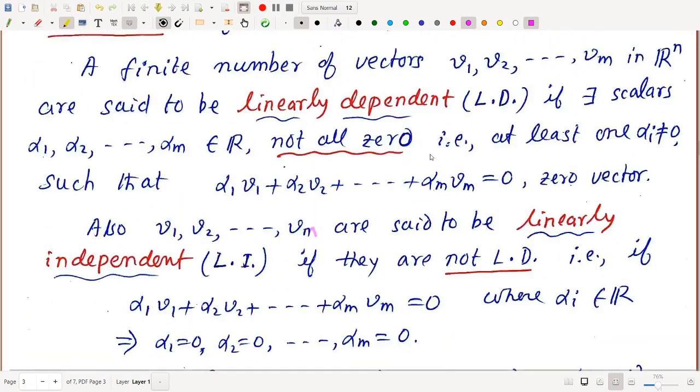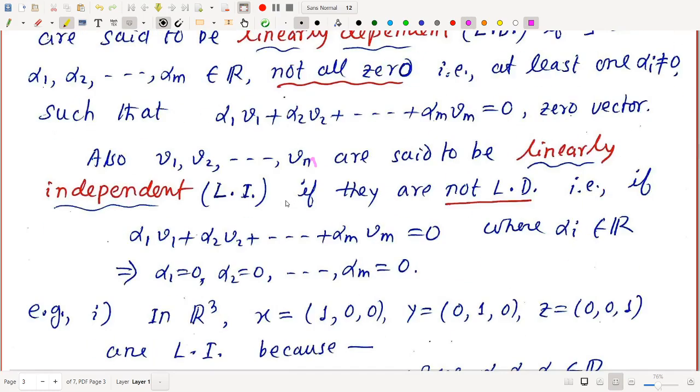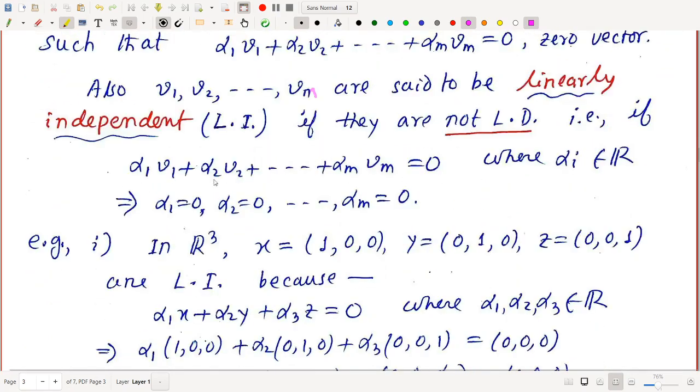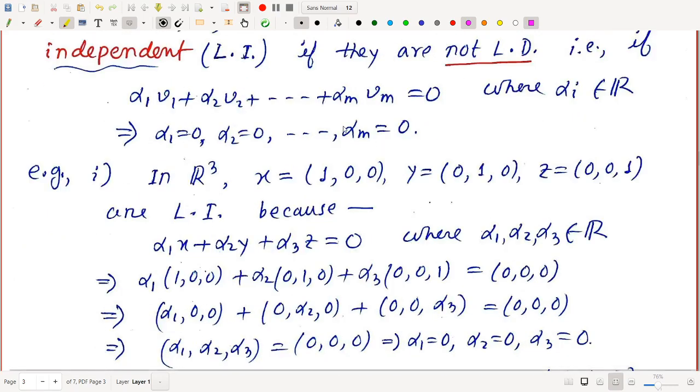Dependent we have already defined: linear combination 0 with at least one coefficient non-zero. Now the vectors are linearly independent if the linear combination alpha 1 v1 plus ... plus alpha m vm equal to 0 implies all the scalar coefficients are 0. Then we say these vectors are linearly independent, that is, they are not LD.